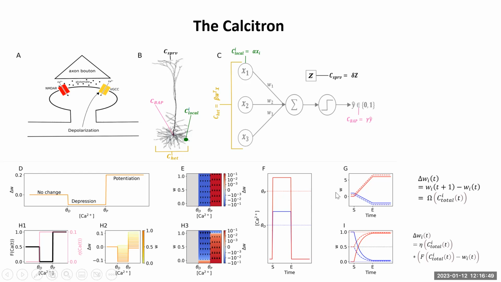If you use a basic linear version of this rule, effectively what you expect to happen is that for the duration of this calcium step, you'll keep increasing the synapses, and then once you turn off the stimulation, it will just remain constant.